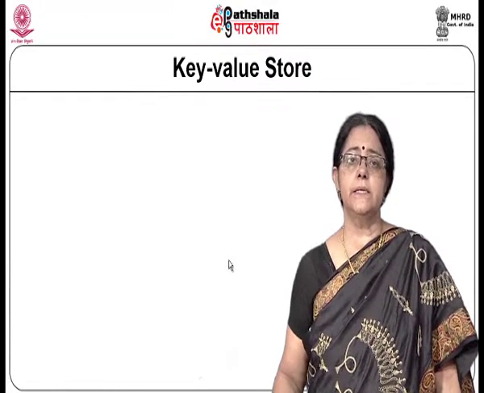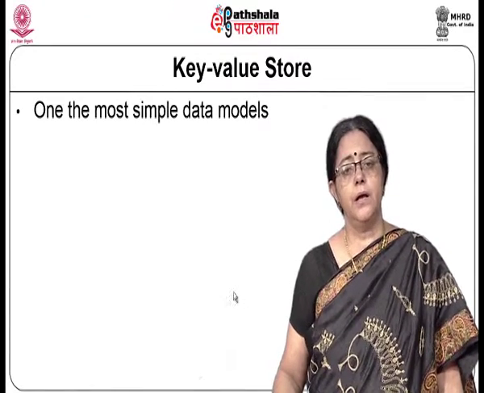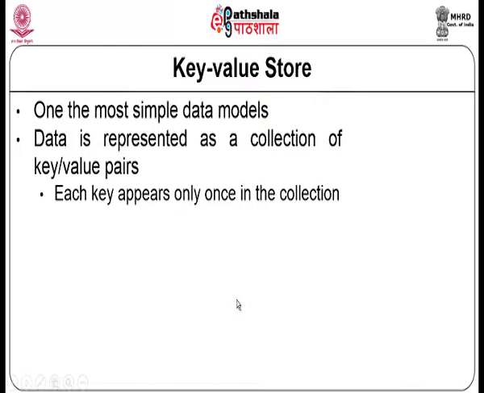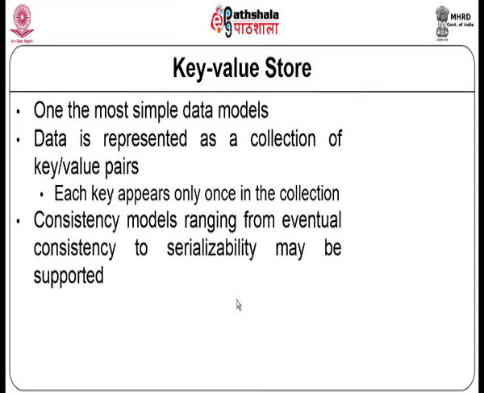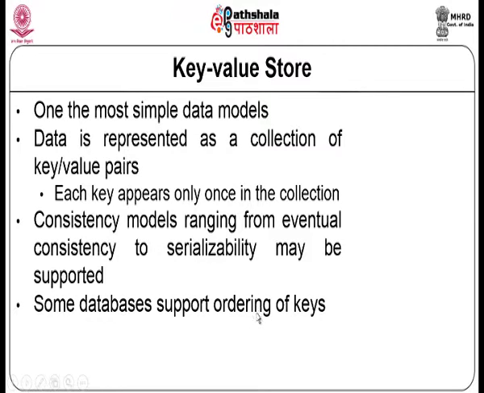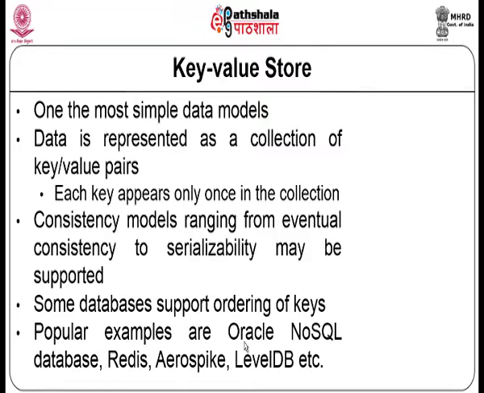The first one is the key value store, where the data is represented using a key value pair. A key is the unique property in the system, and it will have many values associated with it. The consistency model will be eventual, though sometimes serializability or strong consistency can be supported. The databases will support the ordering of keys.